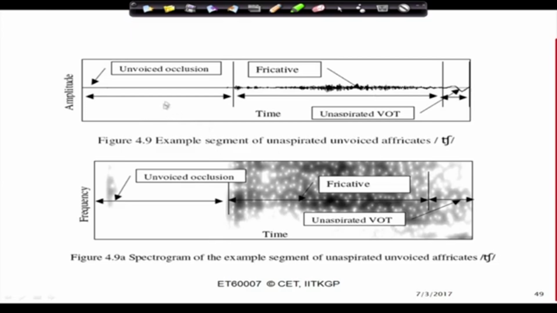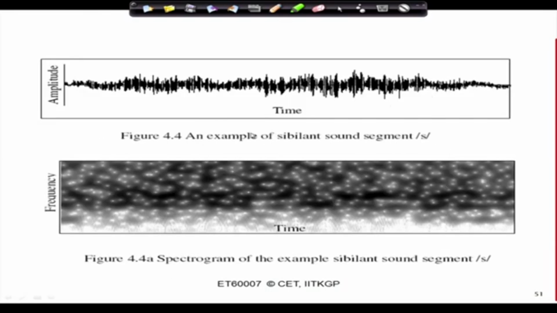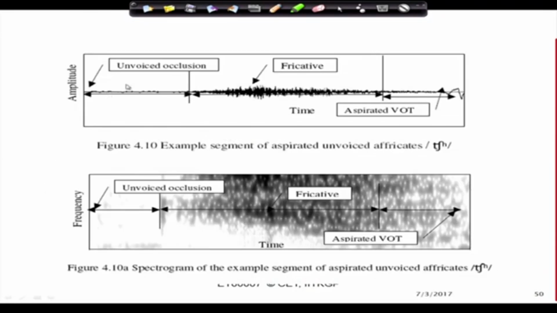If the occlusion is unvoiced, friction is present, VOT is unaspirated, then it is cha. If VOT is aspirated, then it is chha. If this portion is voiced, I can say this is voiced, so it is ja, jha.